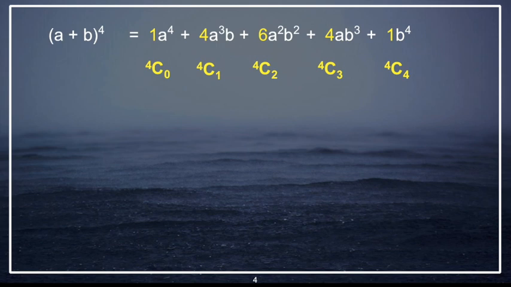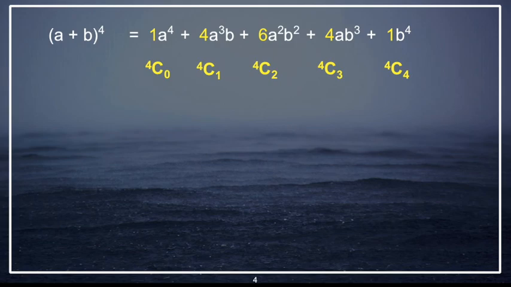Another thing is, if the index is 4, then we will come up with n + 1, or 4 + 1, terms. So in this case, we have 5 coefficients or 5 terms.